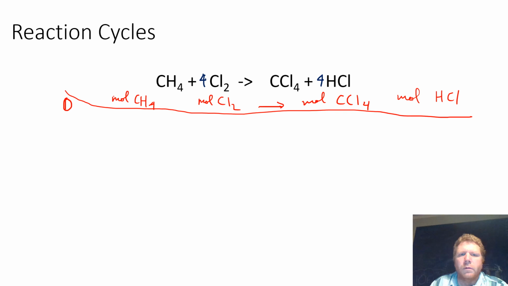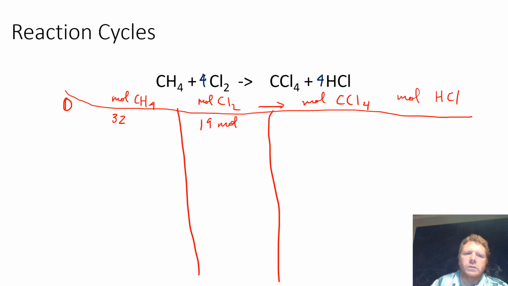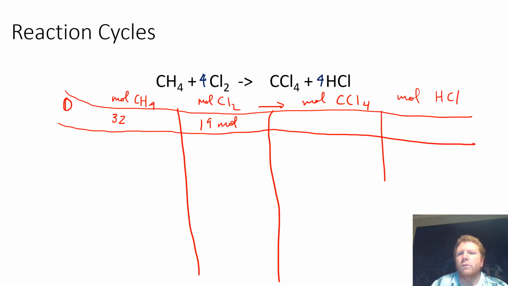Let's say that we have 32 moles of CH4, and we've got 19 moles of Cl2. Before the reaction even starts, how many moles of CCl4 do we have? We have 0. How many moles of HCl do we have? We have 0.